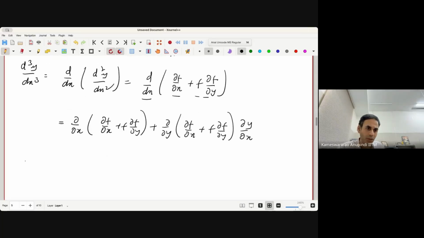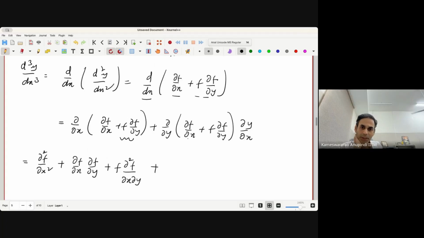Now this is going to have a lot more terms. The first term is dou square f by dou x square, plus the second term is f dou f by dou y. If I operate this, it's going to be partial f by partial x times partial f by partial y, plus if we operate partial x on the second term, that's going to be f times partial square f by partial x partial y. Plus again here you would get dou by dou x, which is nothing but f of x, y.